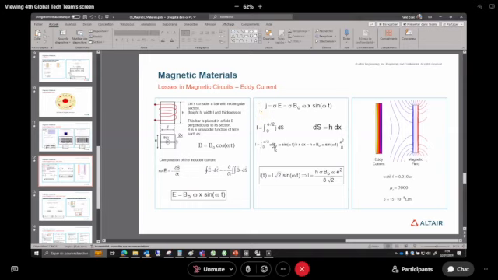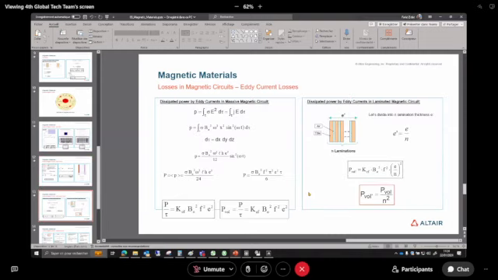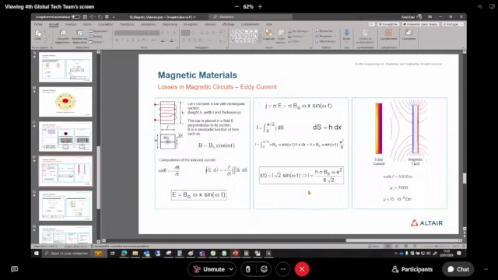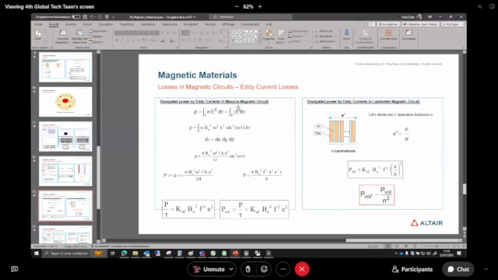If we make an integral of this current density, it will create this eddy current, which depends on the dimension of the block, but also on the frequency and the electric resistivity. So this eddy current will create losses.